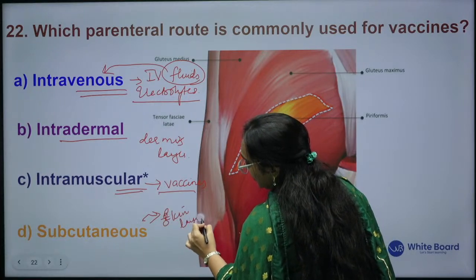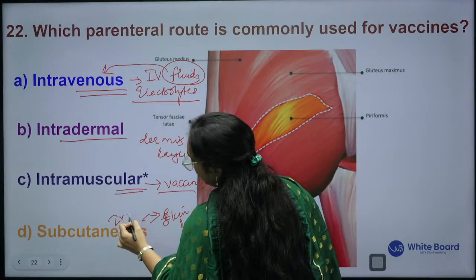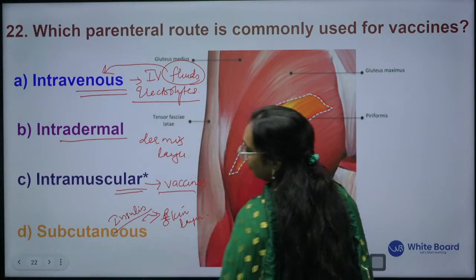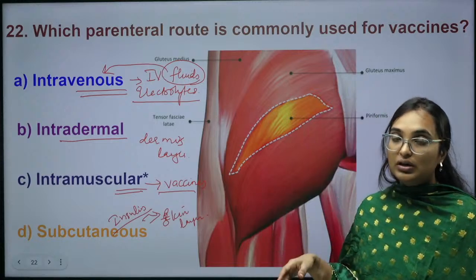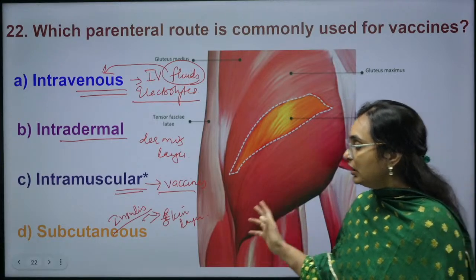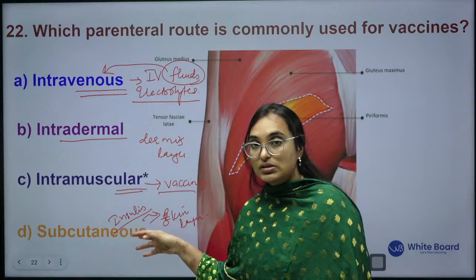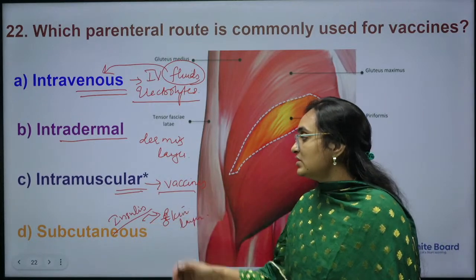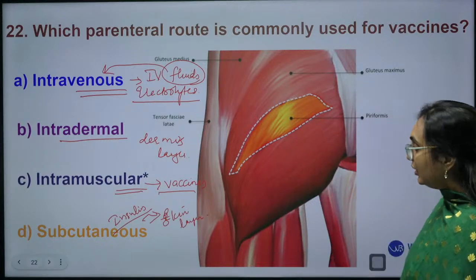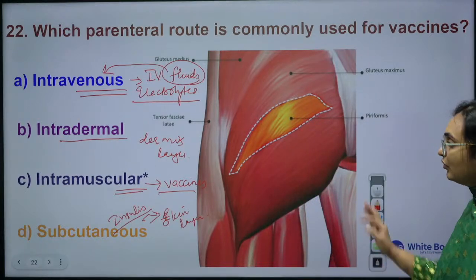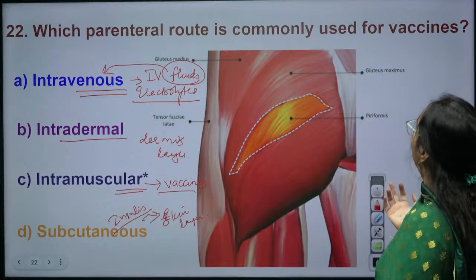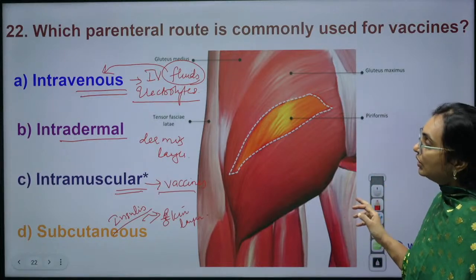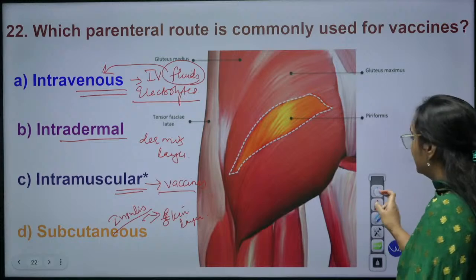Drugs like insulin are given subcutaneously, where oral absorption is not good. Example is insulin. Vaccines are given through the intramuscular route. So here the answer is C.